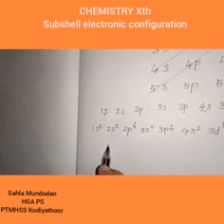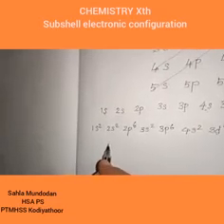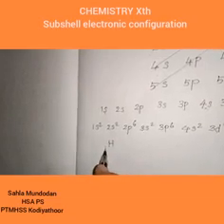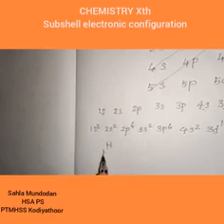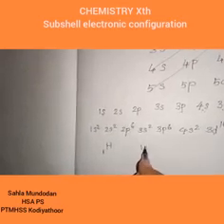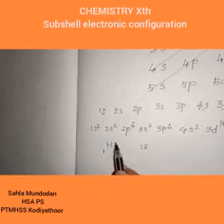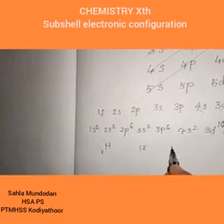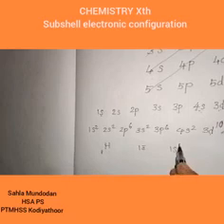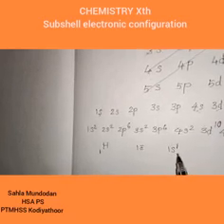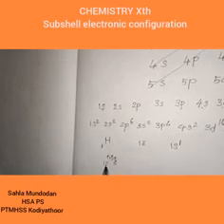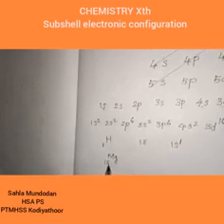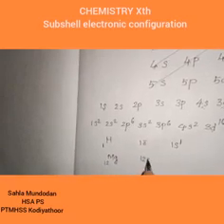Then we can write the subshell electronic configuration. For example, hydrogen having atomic number 1 means hydrogen has only 1 electron. Its subshell electronic configuration is 1s1. Then another example, magnesium atomic number 12. Then how many electrons? 12 electrons.